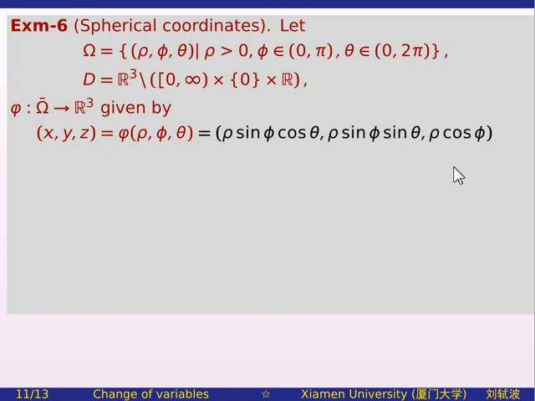As you can check, this map is C1. I made a mistake here: it is a C1 diffeomorphism between omega and D.